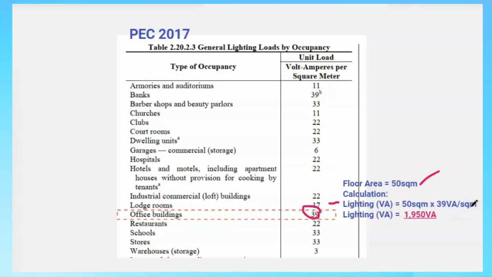We come up with 1,950 VA. So, this is the estimated lighting load that can be installed in our office area. So, that is 1,950 VA. From this, you can now put it in our load schedule.